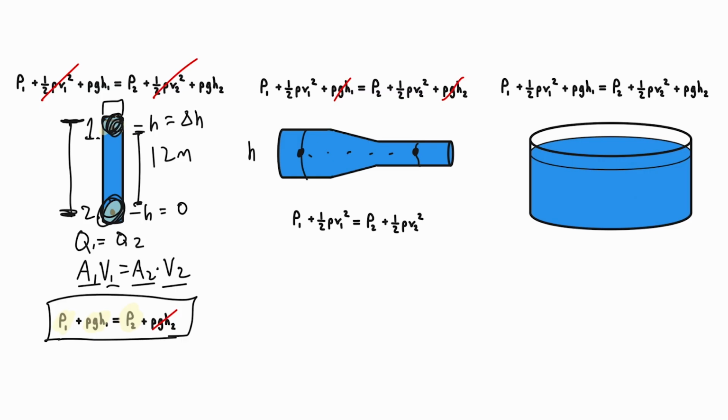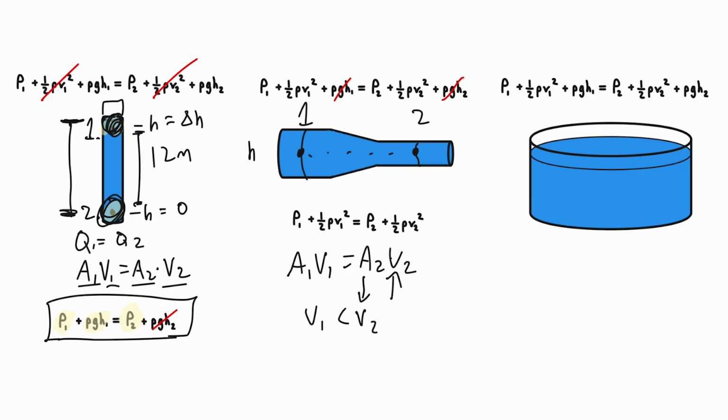Now, once again, we're going to apply the continuity equation here. If a1 times v1 has to equal a2 times v2, and let's say that this is point 1 and this is point 2, then since the area at point 2 goes down, that means that the velocity must increase. So the velocity at point 2 is greater than the velocity at point 1.